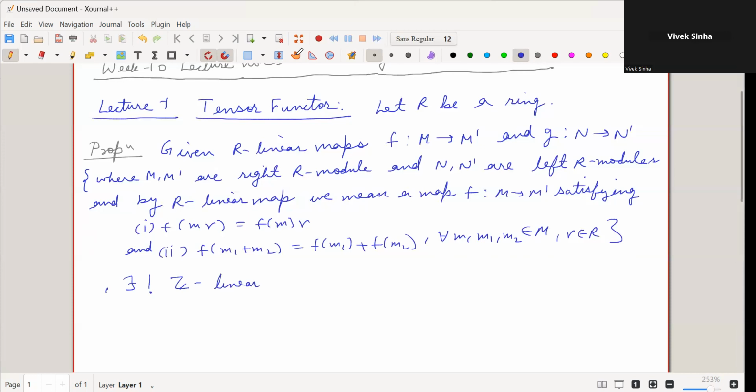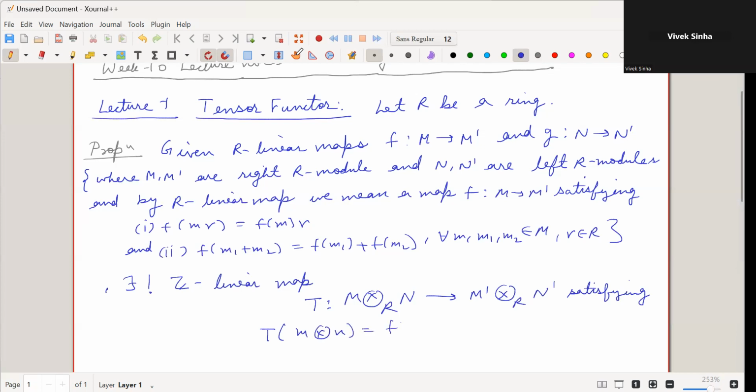Here the ring is Z. So there exists a Z linear map T from the tensor product of M and N to the tensor product of M dash and N dash, satisfying T of M tensor N is equal to Fm tensor Gn.